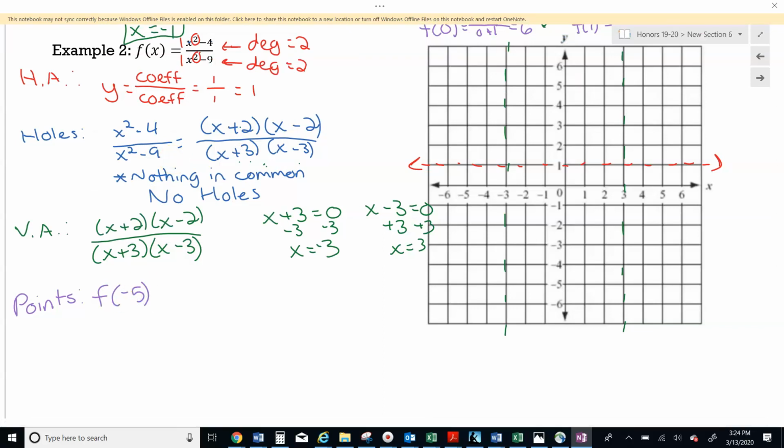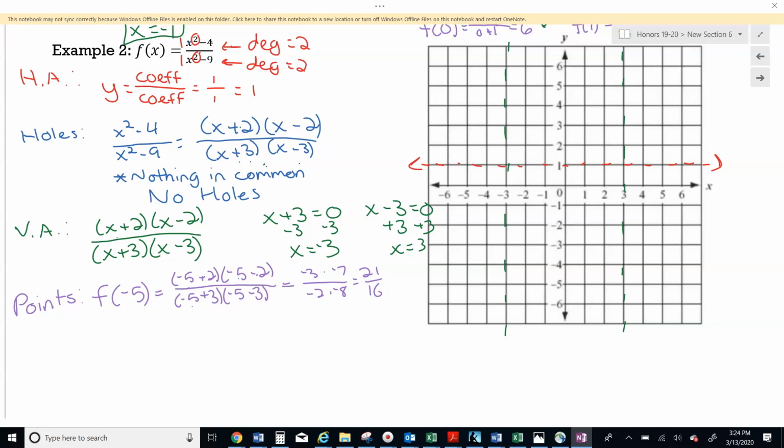So we have this function. I have negative 5 plus 2, negative 5 minus 2 over negative 5 plus 3, negative 5 minus 3. You can type it all in your calculator, but negative 5 plus 2 is negative 3, negative 5 minus 2 is negative 7, over negative 2 times negative 8, which equals 21 over 16.